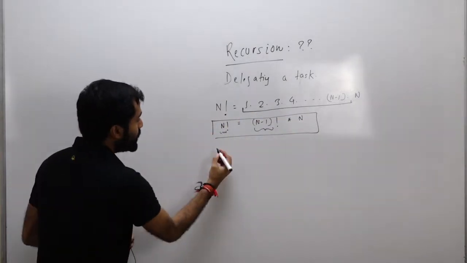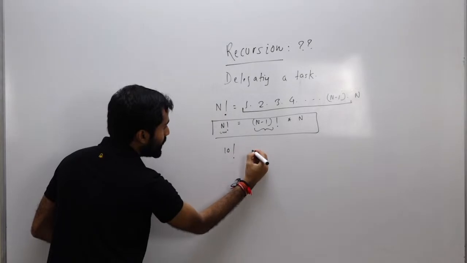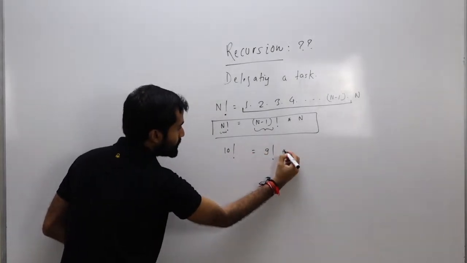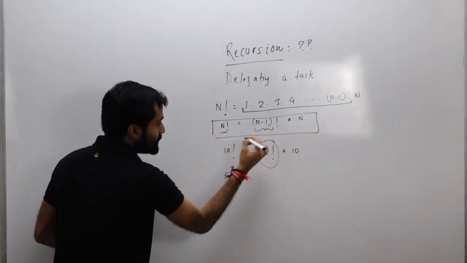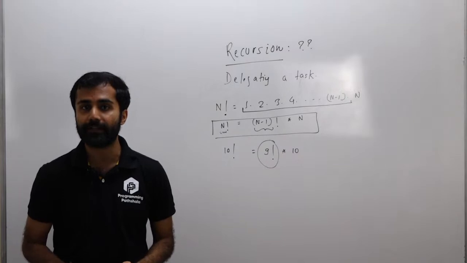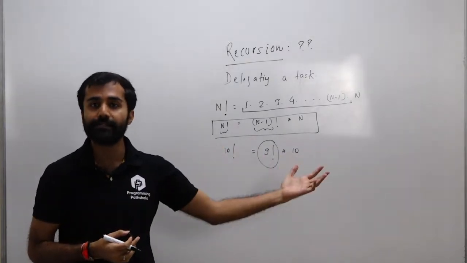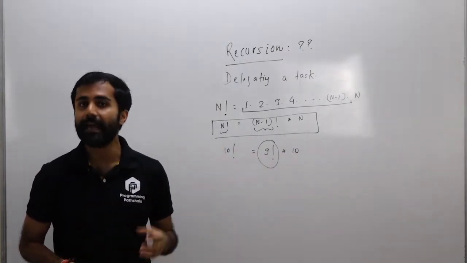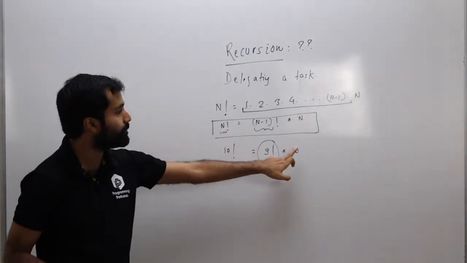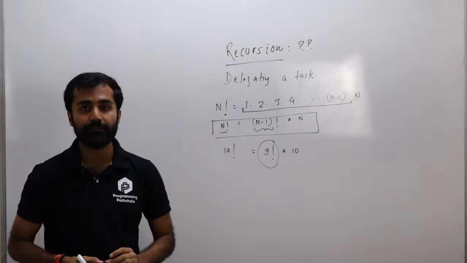For example, to get the value of 10 factorial, I would just want to somehow know the value of 9 factorial. Now let's say I do not take the responsibility of calculating 9 factorial. I can tell somebody else to do that for me. And if that somebody else does it, I can just get the answer, multiply it with 10, and that will give me the 10 factorial.